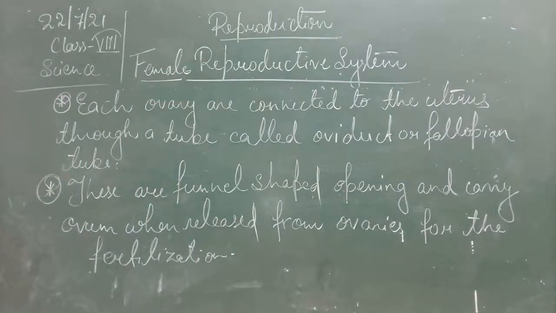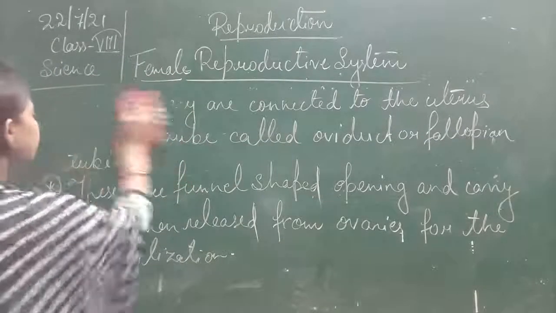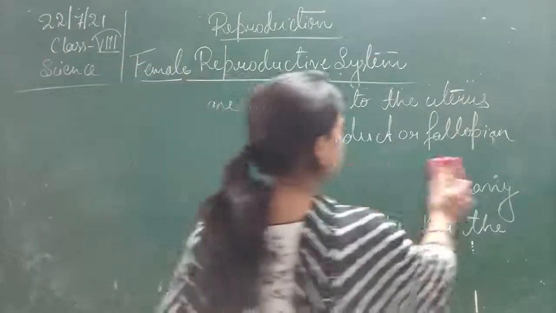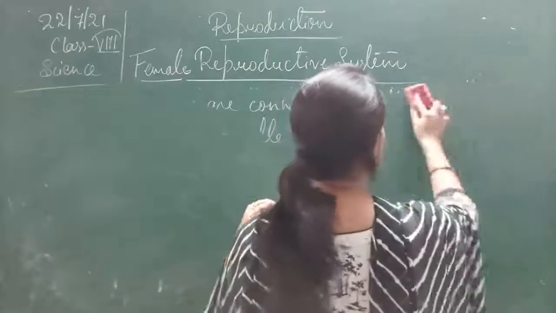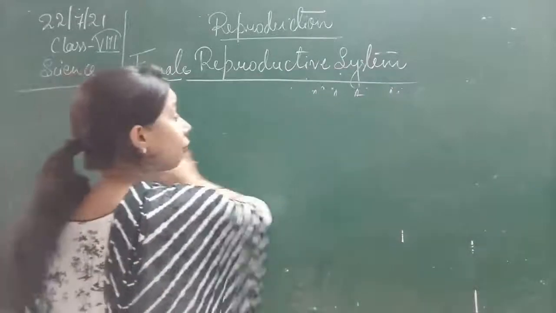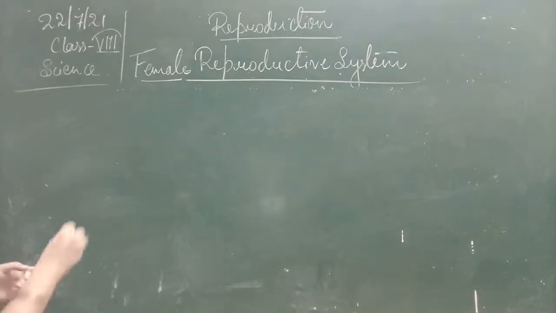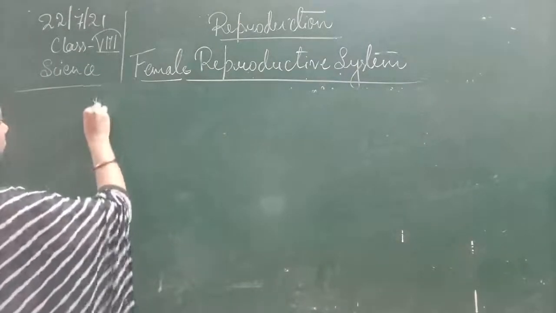The next one is the uterus. What is the role of the uterus? This is the part where, after fertilization, the zygote develops into an embryo.